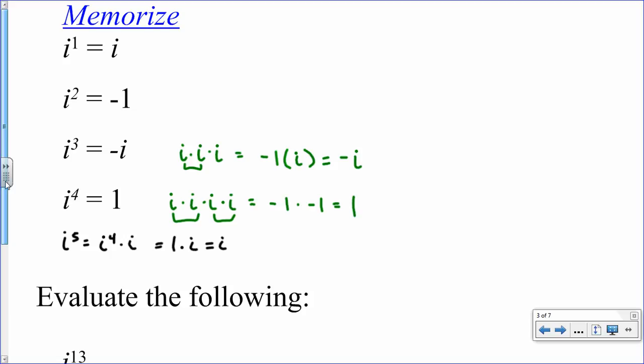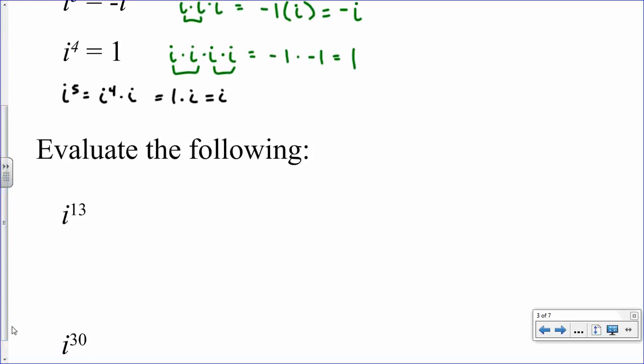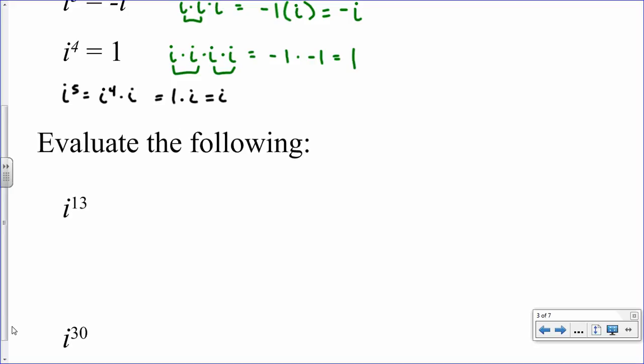So you don't include exponents with i. You simplify it so it does not have an exponent. Okay, so let's talk about i to the 13th. We could do it the long way and write out 13 i's.